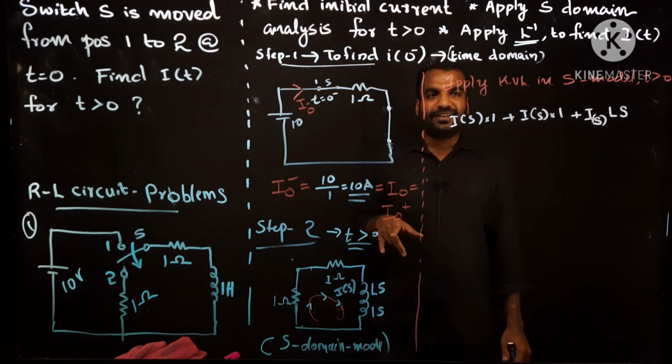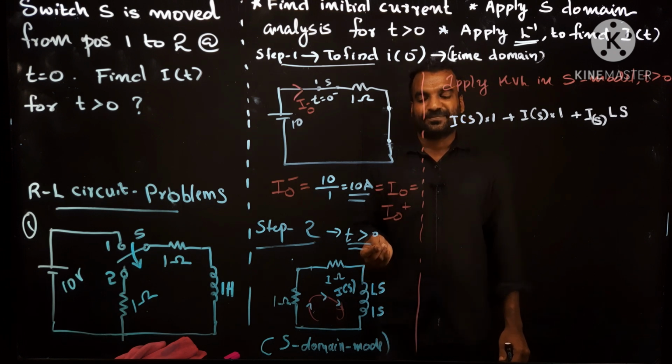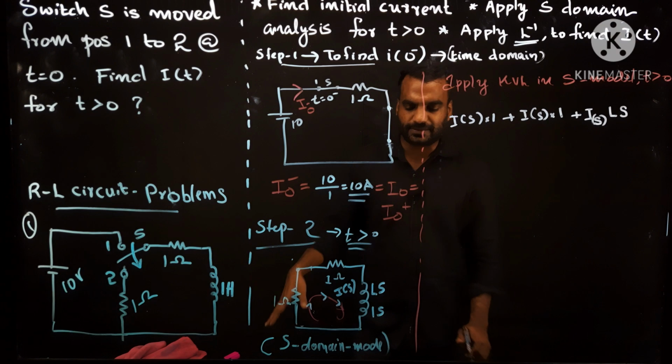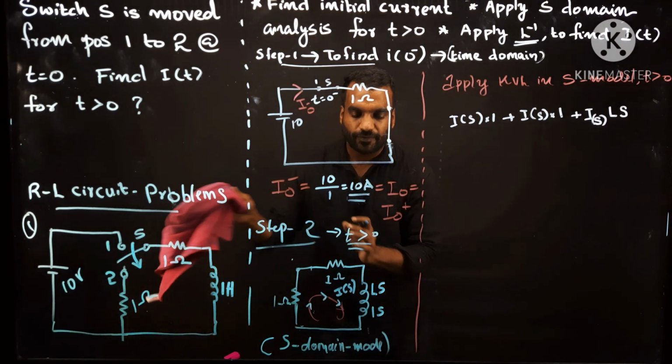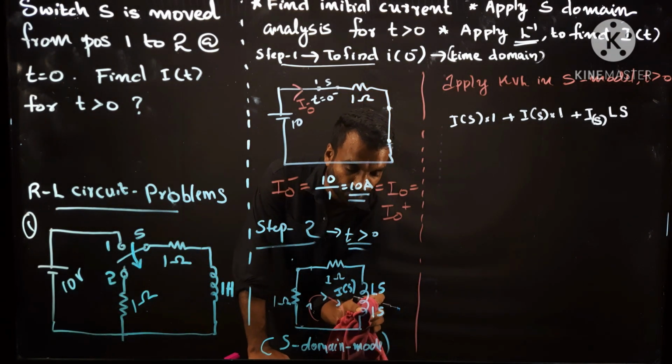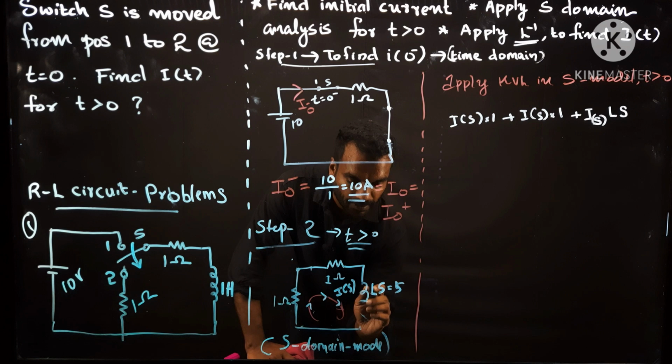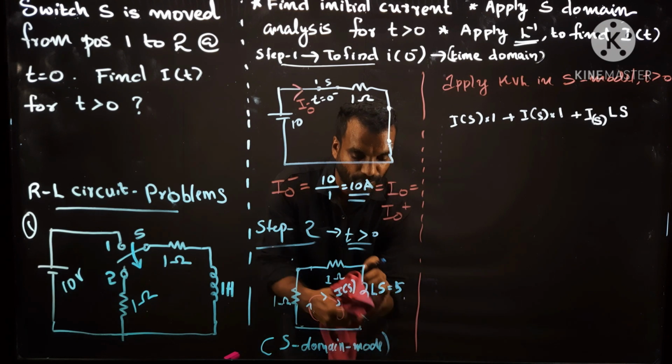If Ls is its impedance, its initial voltage is represented as L into I0. Please refer to the first area of today's class. We have to add some initial voltage also because initial current is there.